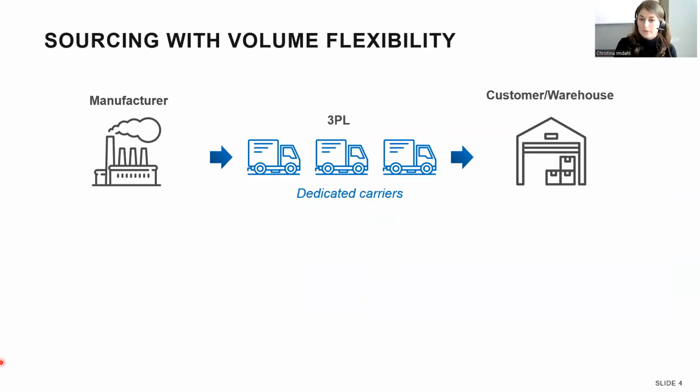We were working with a fast-moving consumer goods manufacturer, and they were using a third-party logistics provider to transport the items they were producing at their manufacturing sites to the customers and warehouses. With this third-party logistics provider, they had a dedicated capacity for each period that they would know upfront.